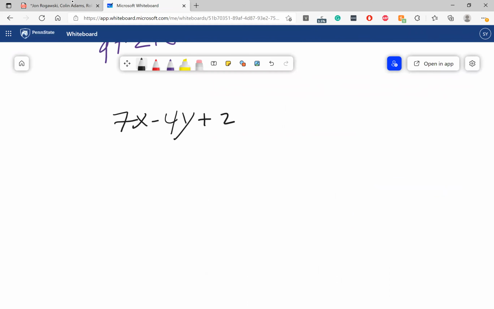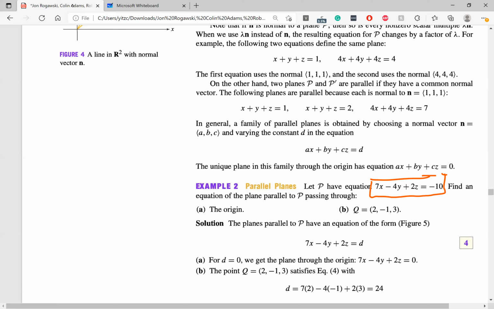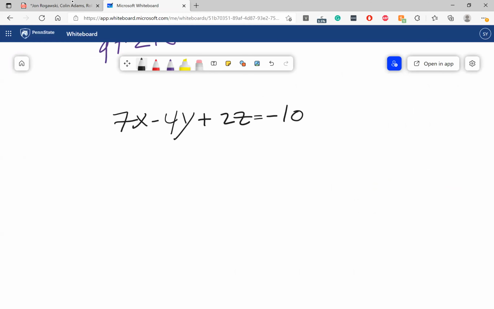And the origin and Q is 2, negative 1, 3. So can anyone give me some idea for how to go about doing this?